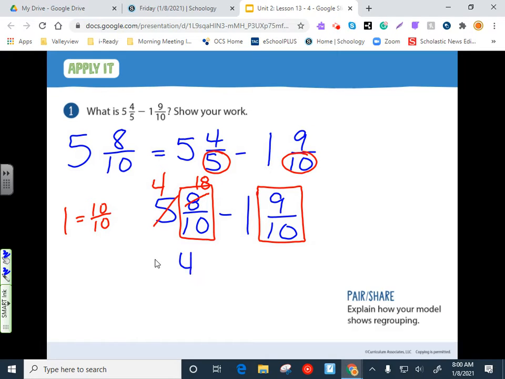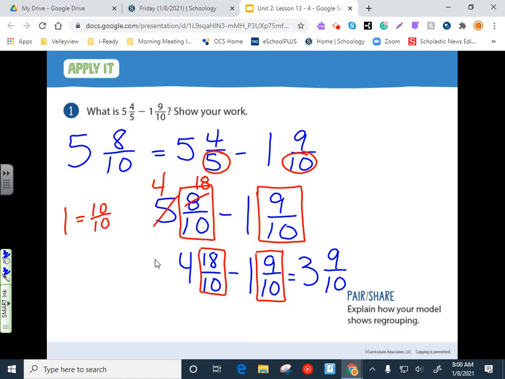And now we have 4 and 18 tenths minus 1 and 9 tenths. And 4 minus 1 is 3, and then 18 tenths minus 9 tenths is 9 tenths. So our answer is 3 and 9 tenths.